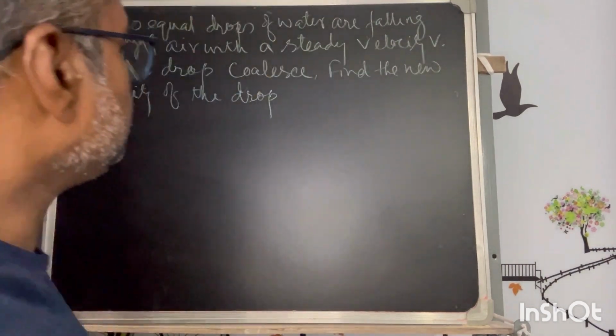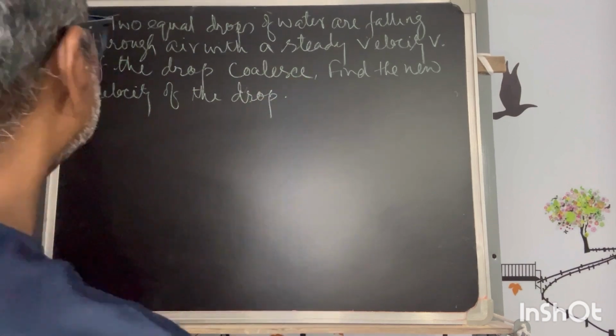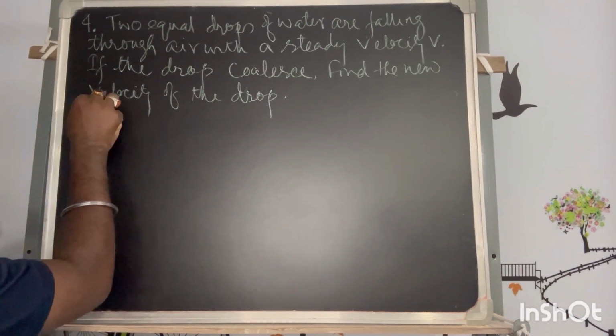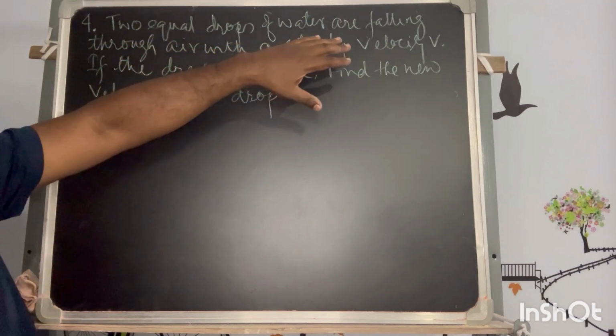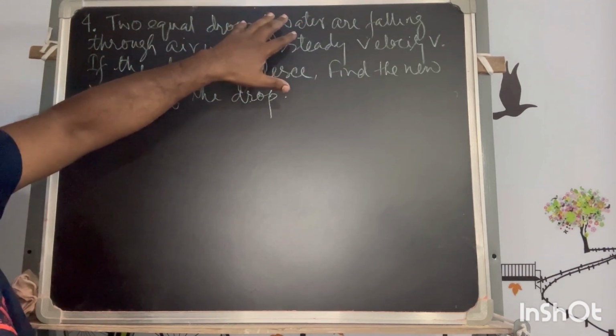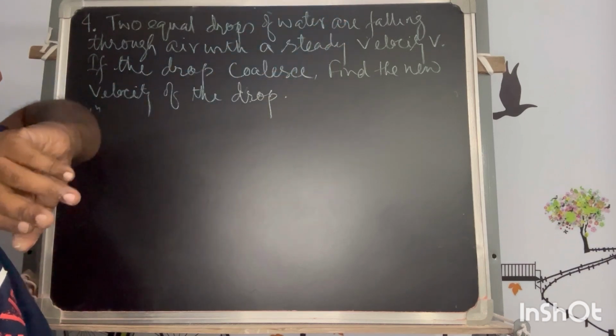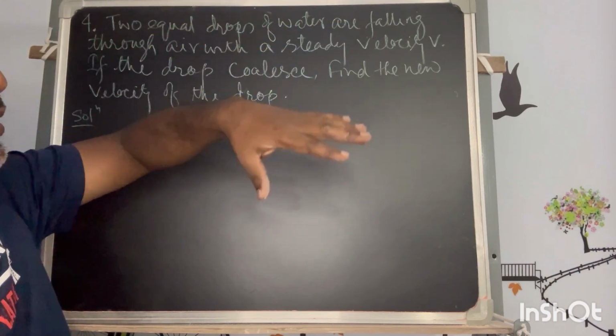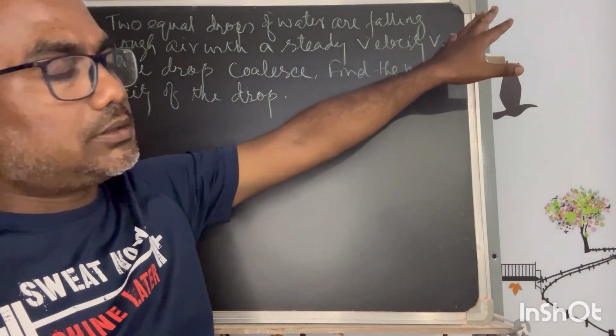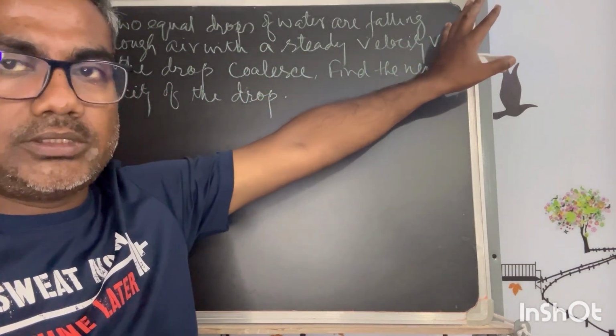So we are talking about the velocity when all the drops attain steady velocity. That means they have attained the terminal velocity, not before that.